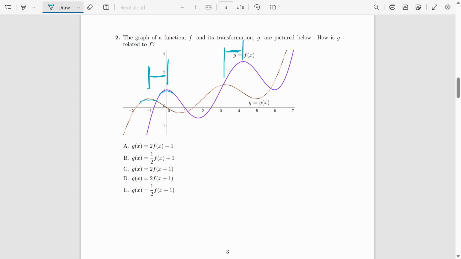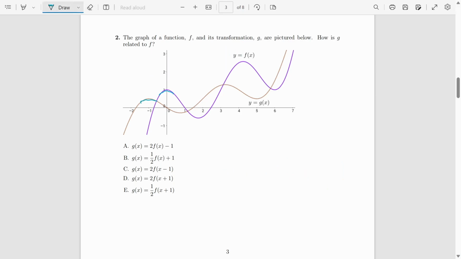So based on that, we can feel that it didn't compress it or stretch it horizontally. So if you had a function like this, it didn't do something where it squishes it. So we can rule that out.